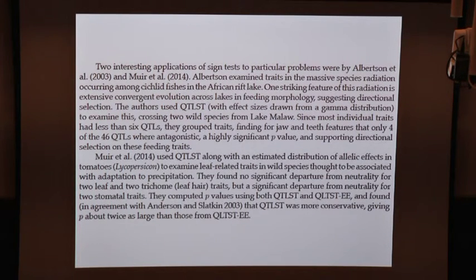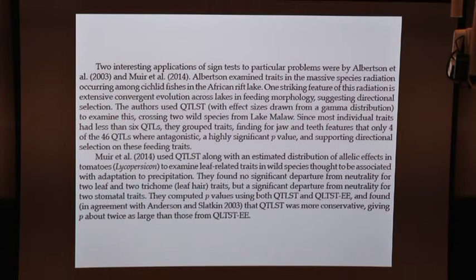And what they did here was they went to Lake Malawi, and they took two species that differed in feeding morphology, crossed them, found QTLs. The problem is any particular trait had less than 6 QTLs. You can't apply Orr's test. Sample size is too small, so they pooled traits.